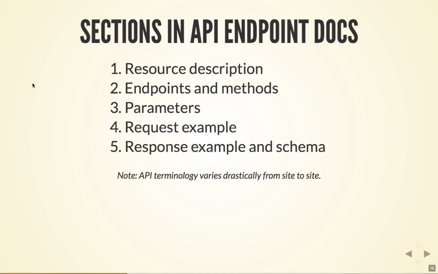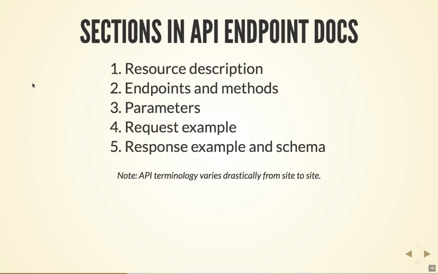The terms vary from site to site, but you will see this general structure. And this structure is really what makes API documentation its own recognizable thing. Anytime you're looking at API docs, you're going to find reference content like this that has this structure.